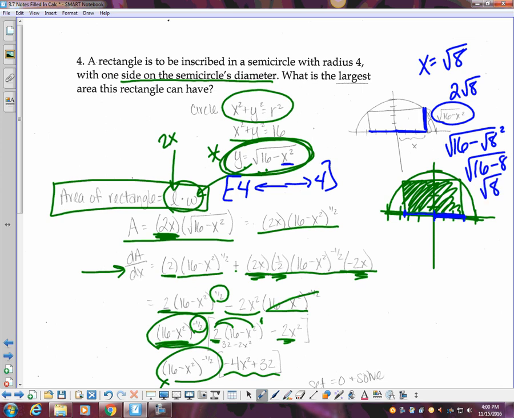And I get root 8. So it would be 2 root 8 by root 8. Those are the dimensions of my rectangle. So again, lots of different questions they could ask here. They could ask for the area, which they did. They could ask for the dimensions of your rectangle, and they could say what x would cause you to have the largest area.